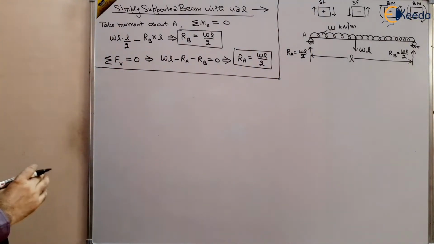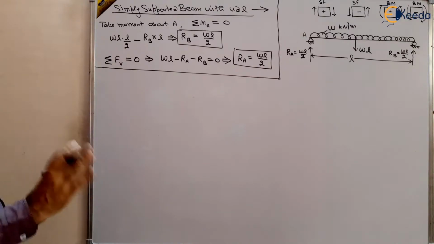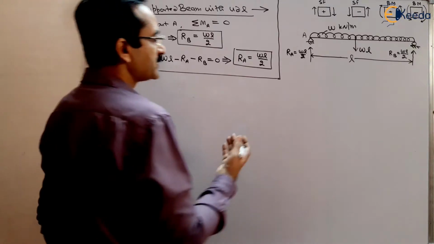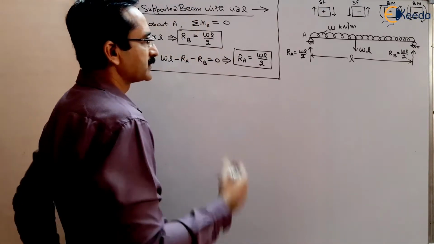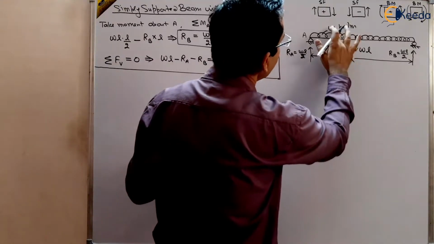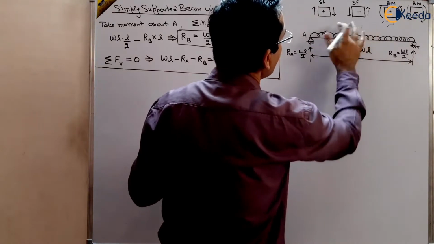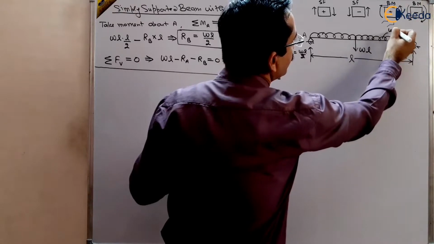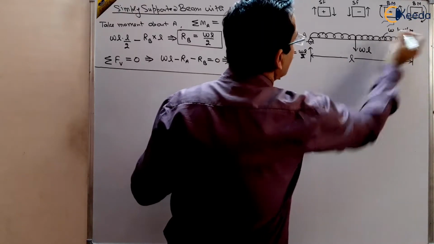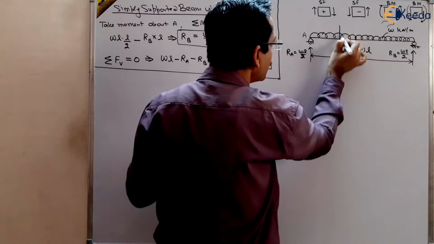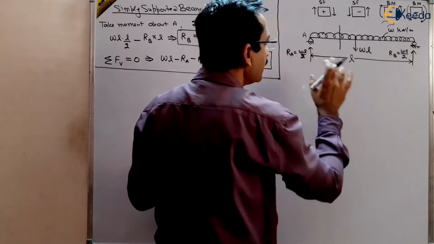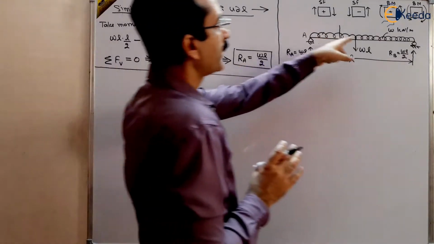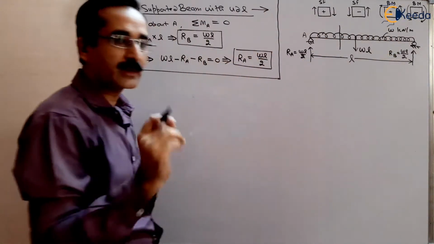Now what we can do is take a cross section from the left or right of the section and find out the shear force and bending moment of that section. Let us say we take any point, suppose here, and here it is UDL, and there is no point load acting on this, so there is no need to take two sections.